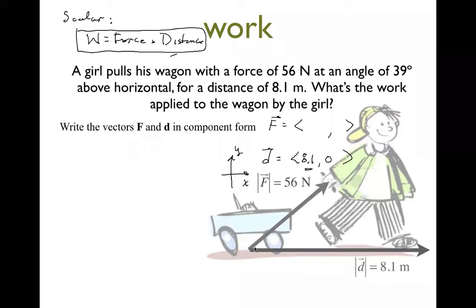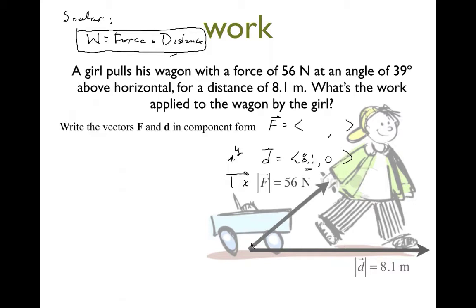So now F has components, right? F has a horizontal and a vertical component. For the X, we could do F times the sine of 39. No, that's for the Y. Right. So what would the X be? F times cosine 39.